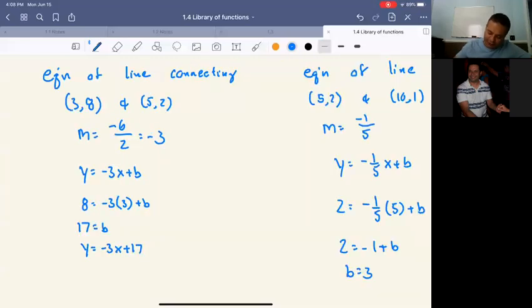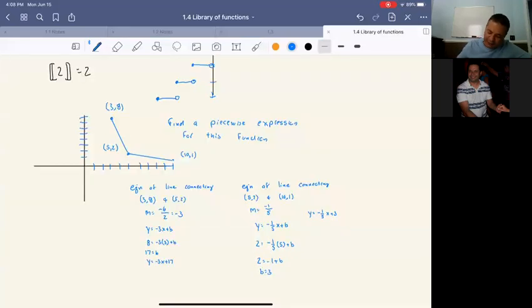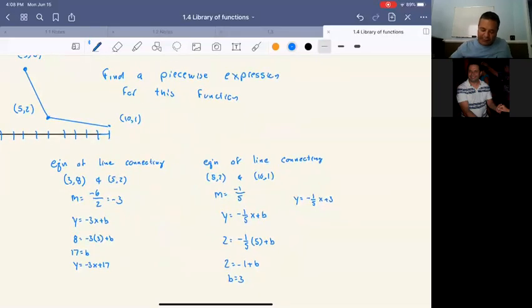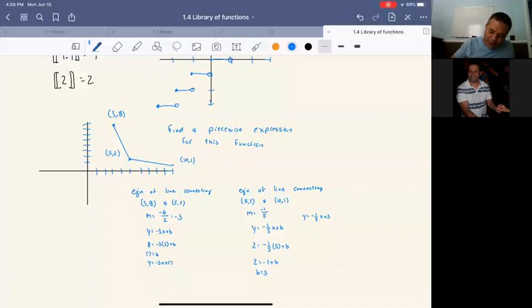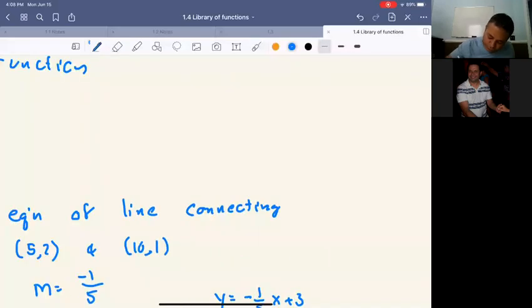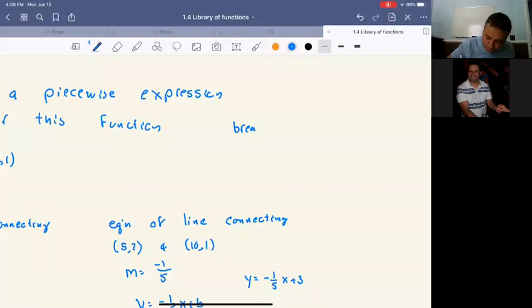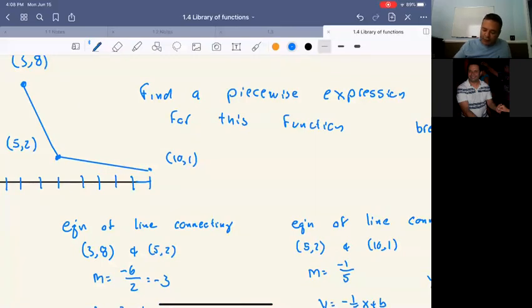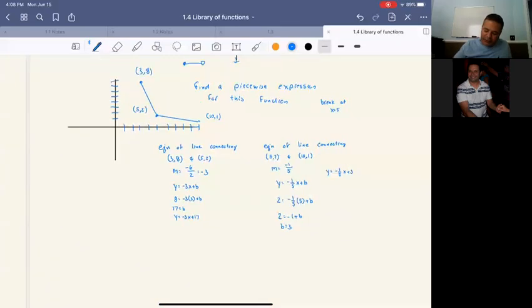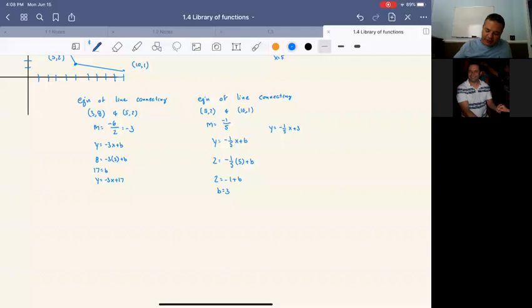Okay, so we've got two lines here. Now, how are we going to join them together to make this a piecewise defined function? Well, there's a break point. There's a break here when x equals 5. In this case, we can actually use either one. We can use either one to define the function at 5.